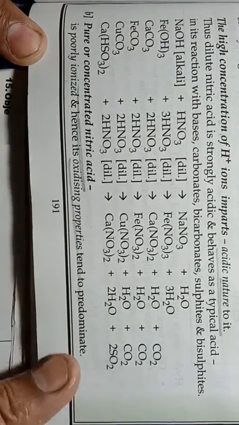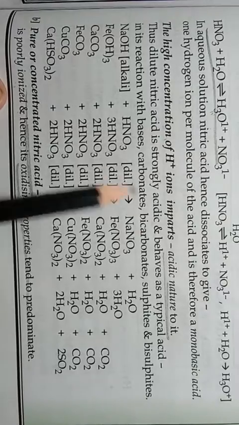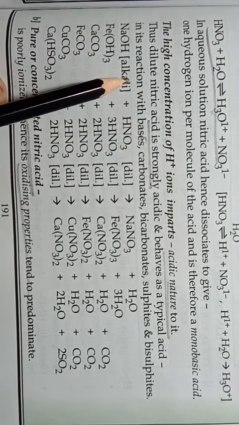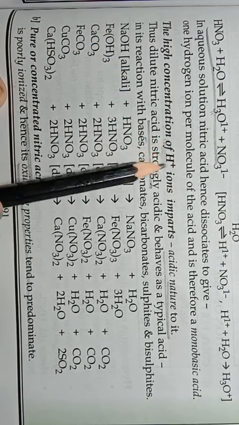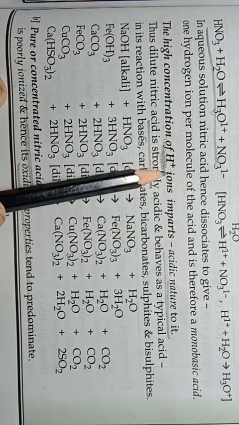Okay, it means that dilute nitric acid will behave as a strong acid and as a monoprotic acid, because per molecule it gives one H+ ion.